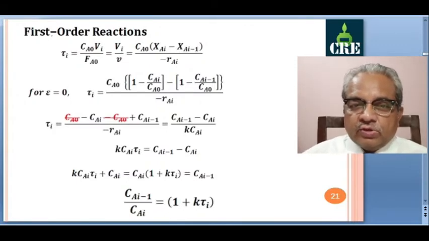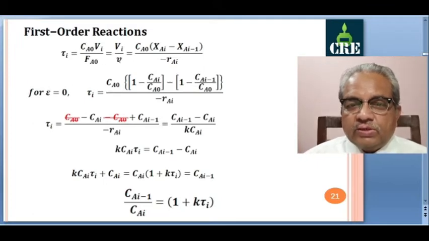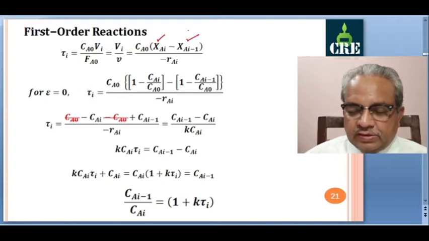So we'll consider first order reactions. Mixed flow reactor, tau i, that is Ca0 by Fa0, this is constant, and Vi, as tau changes, volume changes. So Vi by V is constant again. V is Fa0 by Ca0. And this is Ca0 Xa when Xa varies from 0 to Xa, and delta Xa is Xai minus Xai minus 1.